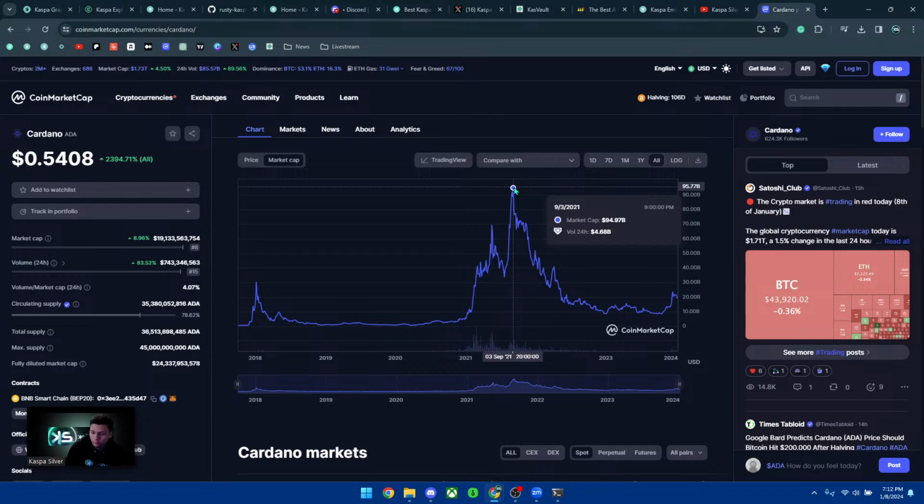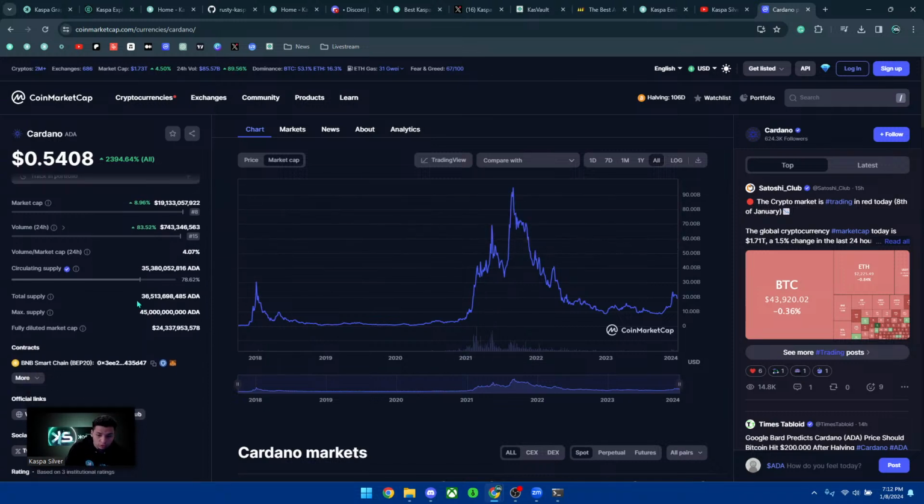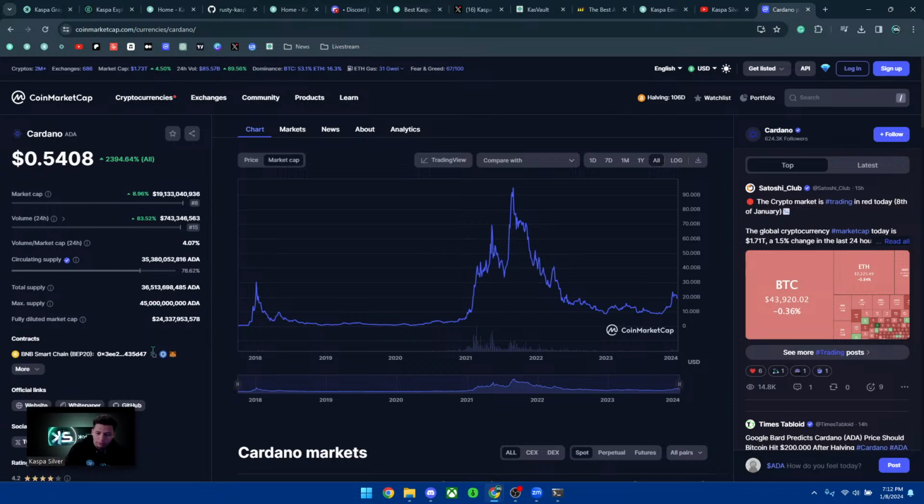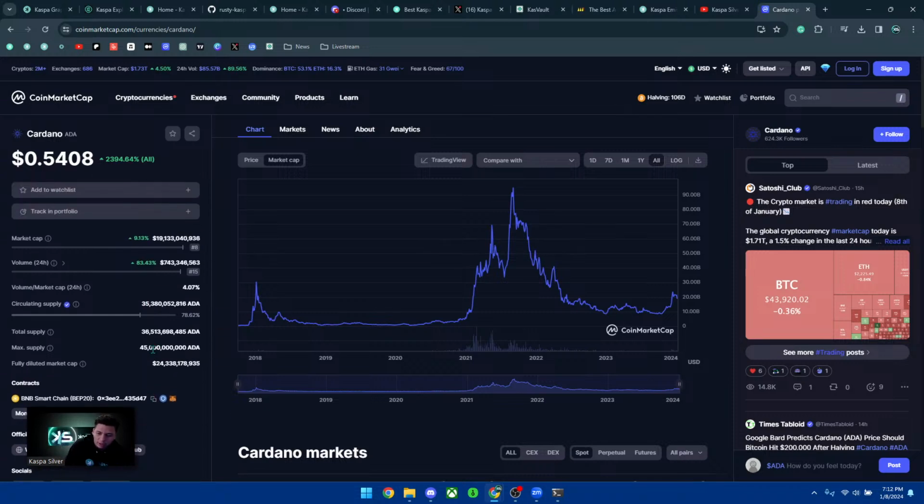No, it's not impossible. Also, Cardano is used a lot because it has a lot of the same hype and fundamentals behind it, of people just excited for it. But Cardano has a bigger supply than Kaspa, and it was still able to hit a 94 billion market cap.